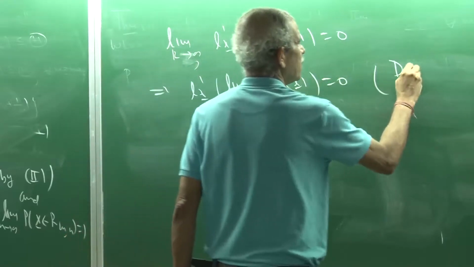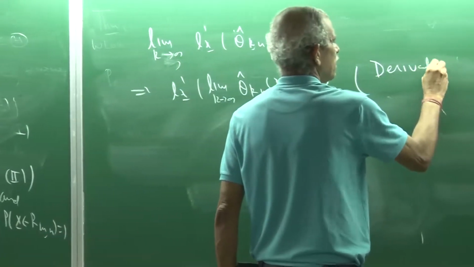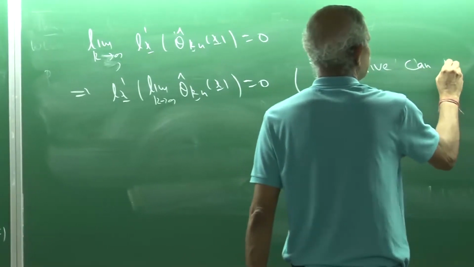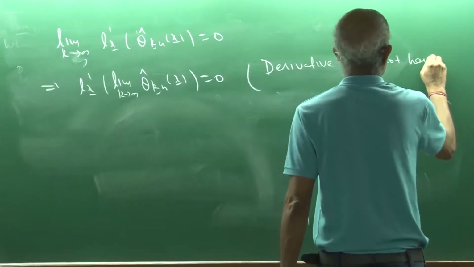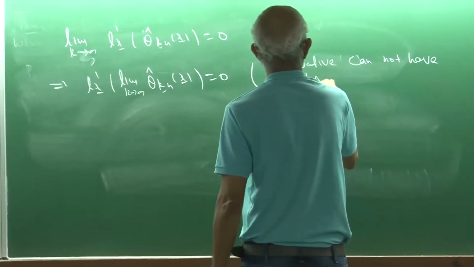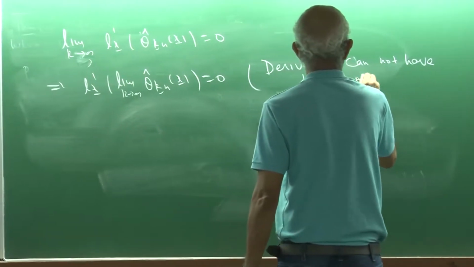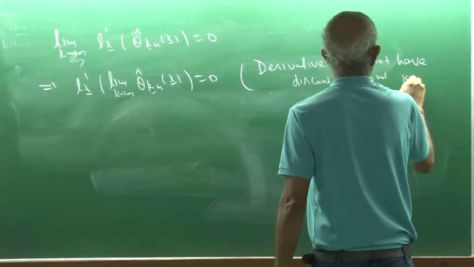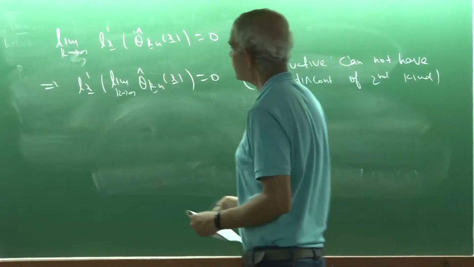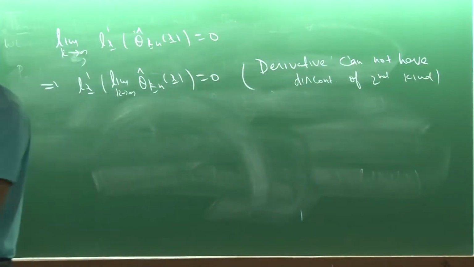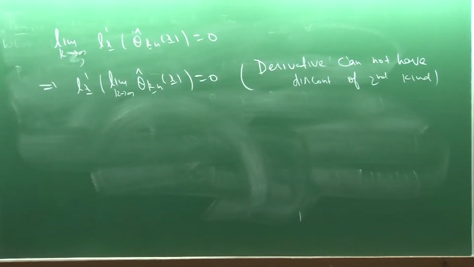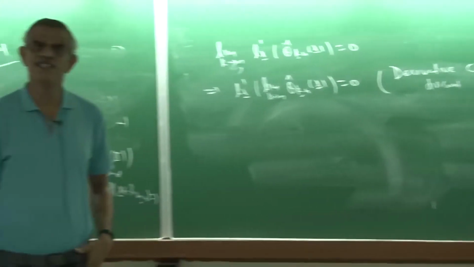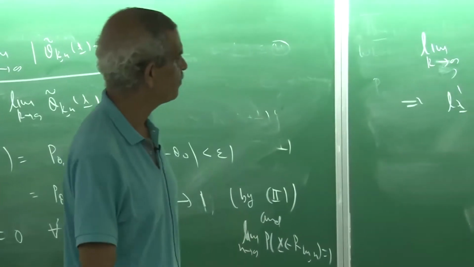Why? A derivative cannot have a discontinuity of the second kind. Or in other words, if for a derivative the left hand limit and right hand limit exist, then the derivative would always be continuous.